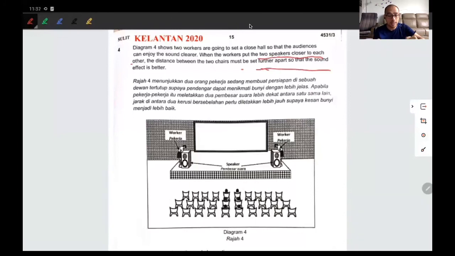So this is the relationship between a and x. The 2 speakers is a, the distance between the 2 sources. X is the responding variable, the distance between the 2 consecutive antinodal lines, or the distance between the 2 consecutive nodal lines.